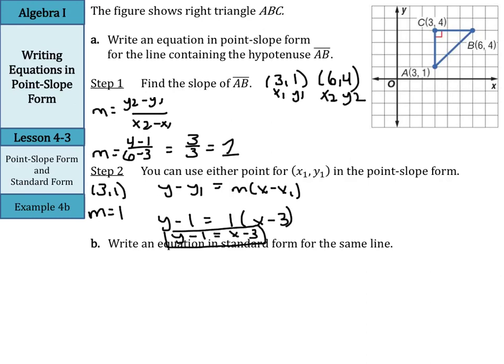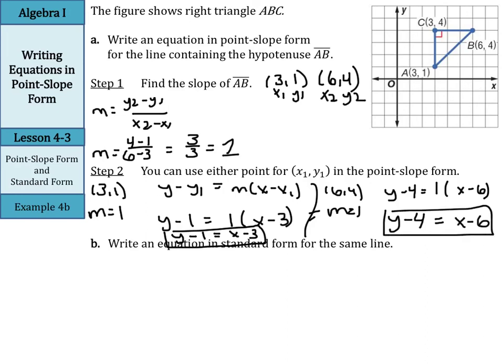That's one of the equations you could write. You could also write using the point (6, 4) with a slope of 1. And again, you don't need to do both. But we would end up with y minus 4 equals our slope of 1 times x minus 6, which simplifies into y minus 4 equals x minus 6. And again, no need to write both. You can just come up with one.